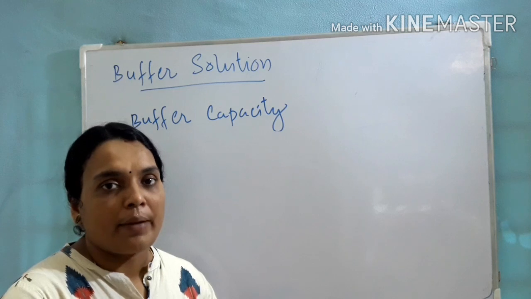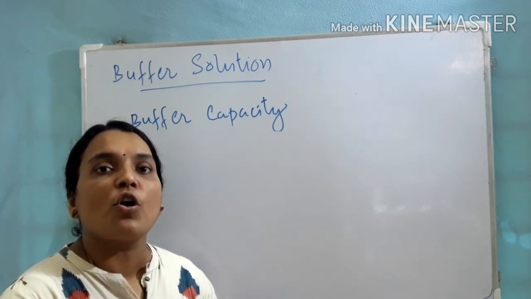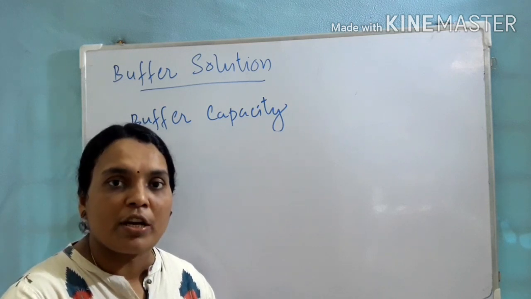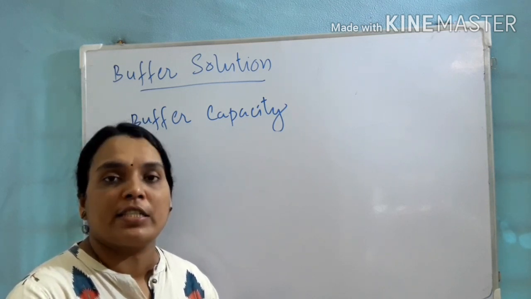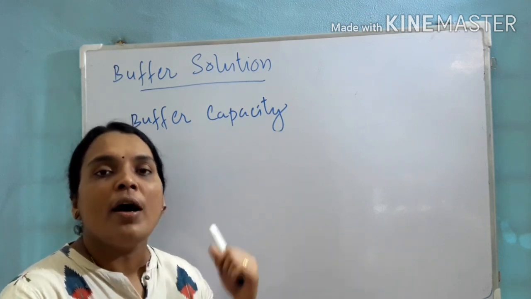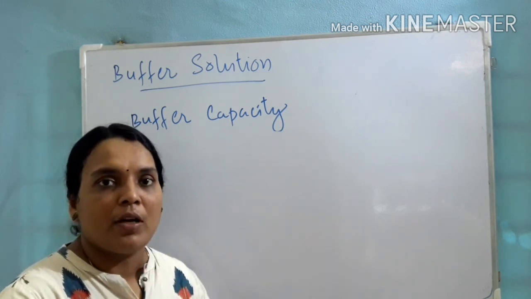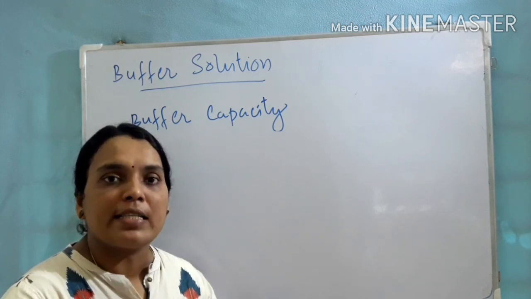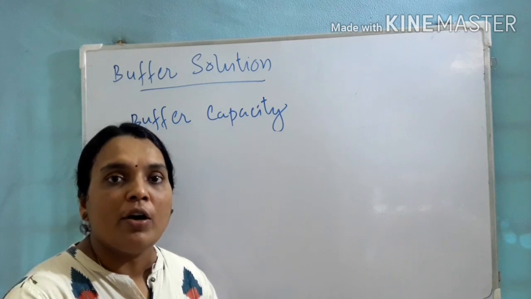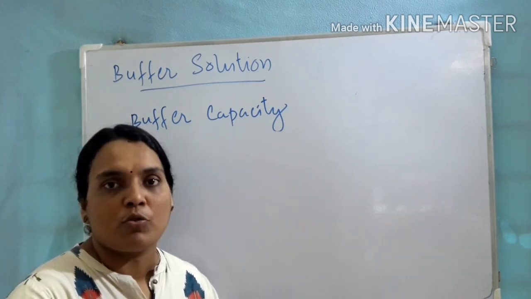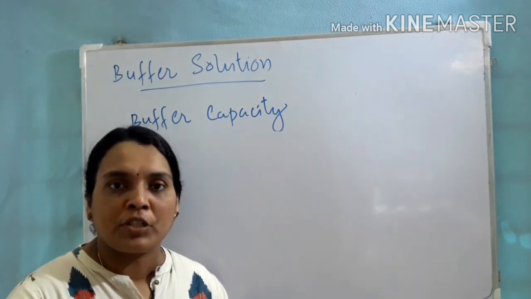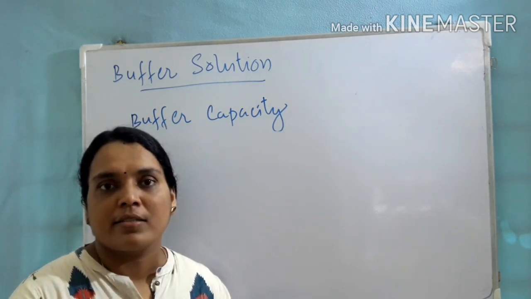Clear? That means how many moles of acid or base added to 1 liter buffer solution change its pH by 1 unit. That is called buffer capacity. So if buffer capacity increases, more moles of acid or base are required for changing the pH of the buffer solution. Buffer capacity increases, buffer action increases.